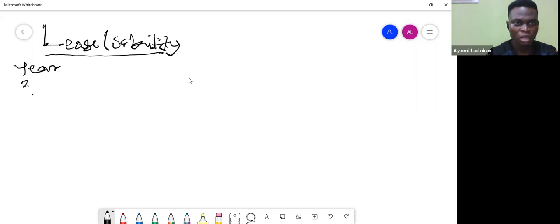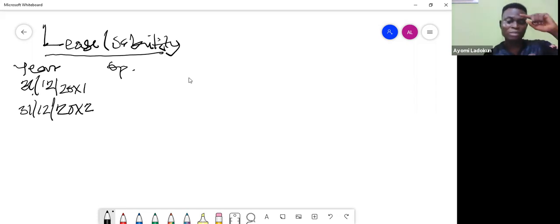So if you notice, we have 31st December 20x1. Then we also have 31st December 20x2. So we have opening balance. In my opening balance, if you remember, we have the carrying amount of the lease liability, which is 31,552.